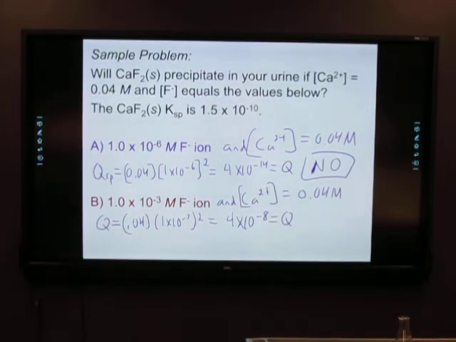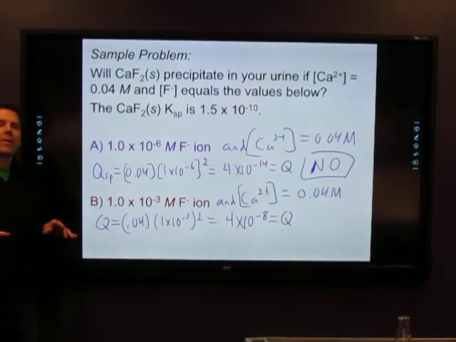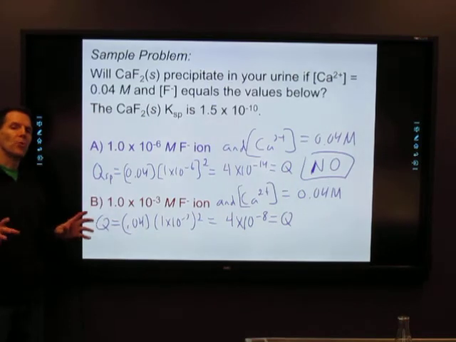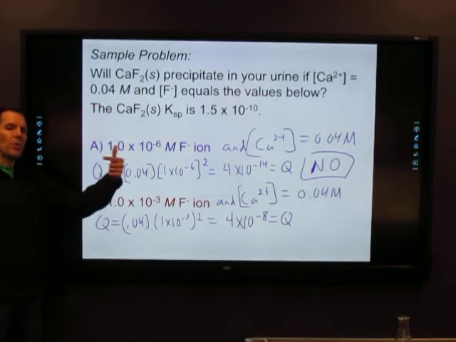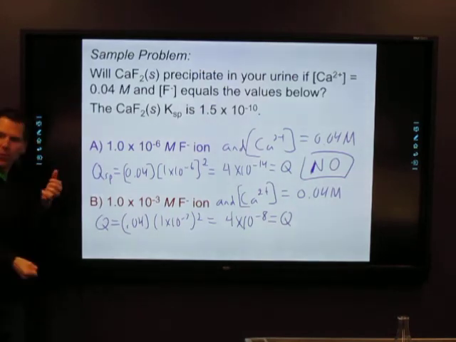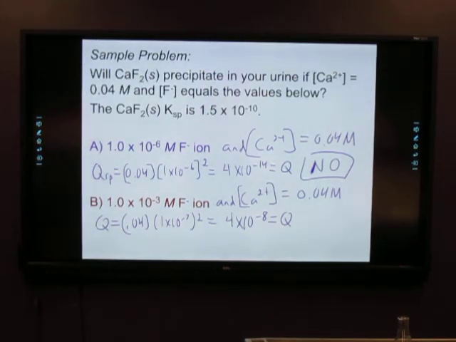That's Q. We compare that to K. If we mix these two solutions, there are too many ions in the two. When they mix, some of them will latch onto each other and fall to the bottom. And so this would be a yes.